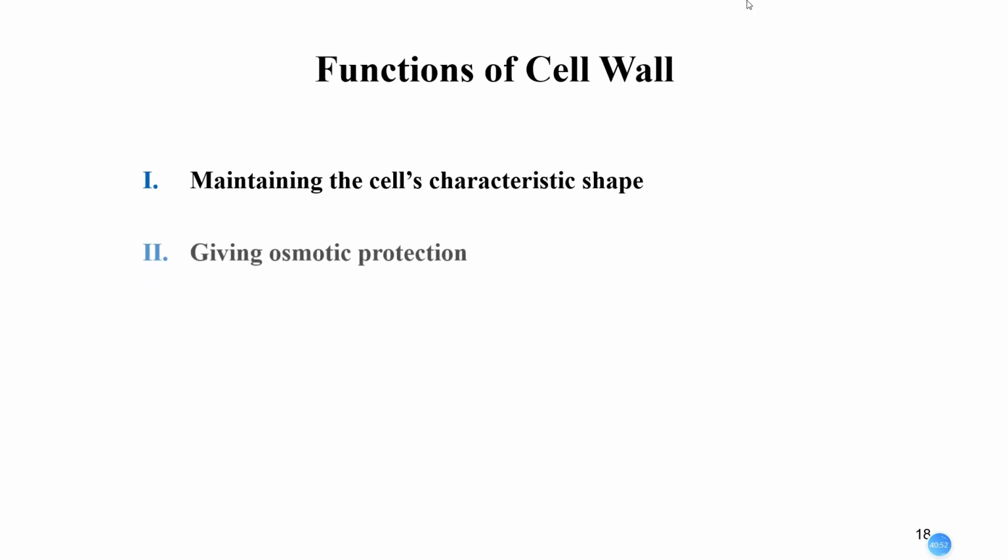characteristic shape and give osmotic protection. You know the meaning of osmotic? Osmotic pressure is very important for life. When a human cell is in pure water, what will happen? The water will get inside the cell and the cell will swell and finally lyse and die, right? The reason is that there's no protection layer outside the cell.